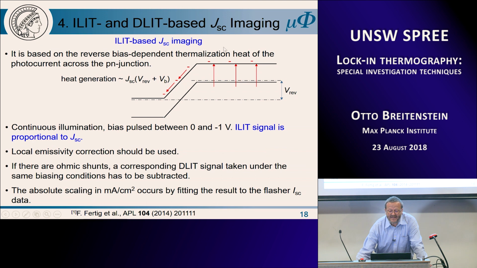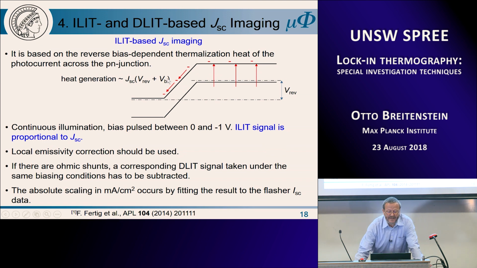And then the current flowing there is actually the short circuit current. So the current under short circuit and under weak reverse bias is the same. And here we have a certain current density. And here the electrons lose their energy. And so the heat generation of these electrons is the short circuit current density multiplied by reverse bias plus barrier height at 0 volt.